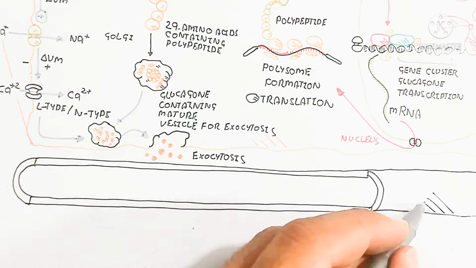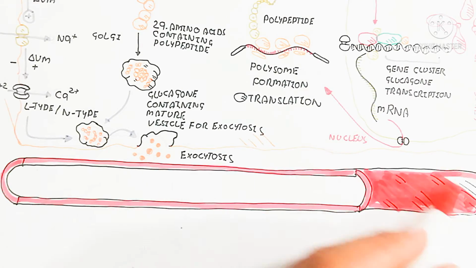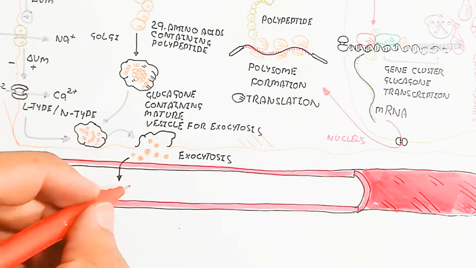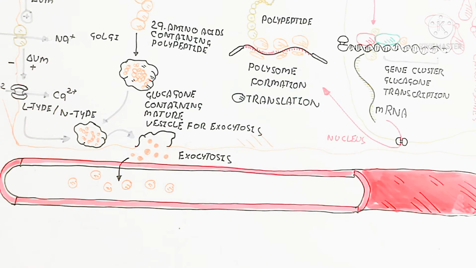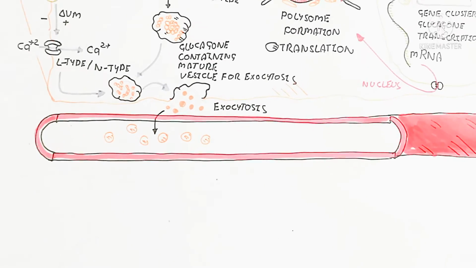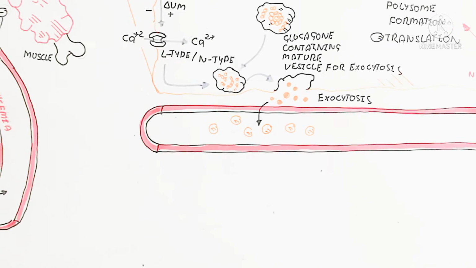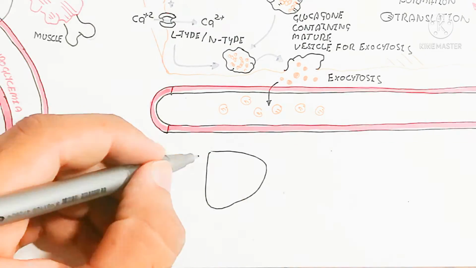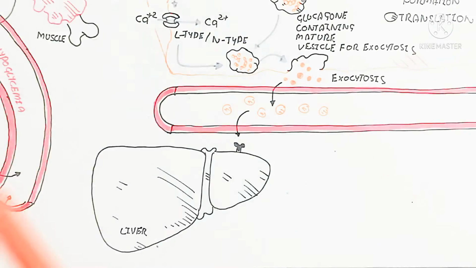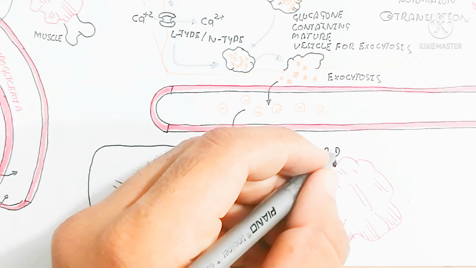So this exocytosis of the glucagon will release the glucagon into the blood circulatory system, and ultimately it will reach its targets, for example the liver and adipose tissue.